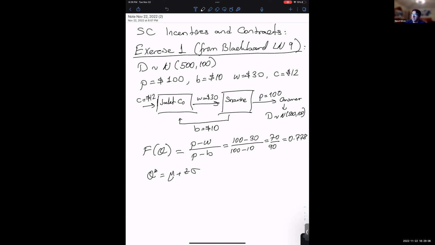In this particular case, I'm going to use Excel. I guess in an exam environment, of course, you're probably going to need to use the Z table. So if I look at my norm inverse, the probability is 0.778, 500, 100. I have 576. Let me write it here.